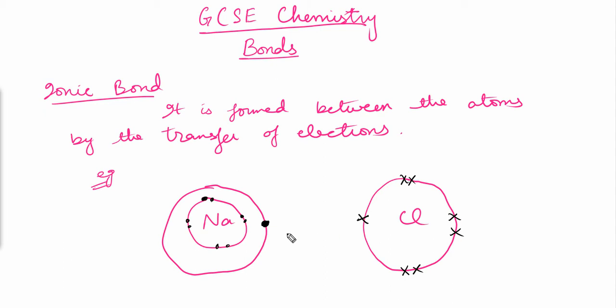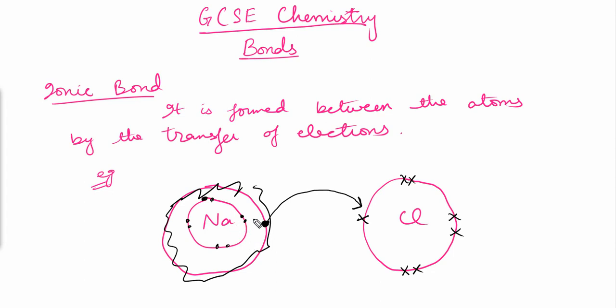It is easier for sodium to give 1 electron rather than accepting 7 electrons, and it is easier for chlorine to accept 1 electron rather than giving out 7 electrons. So what will happen is that sodium will transfer 1 electron from itself to chlorine, and this outermost shell will be gone, and the new shell exposed by the sodium will have 8 electrons in its outermost shell.